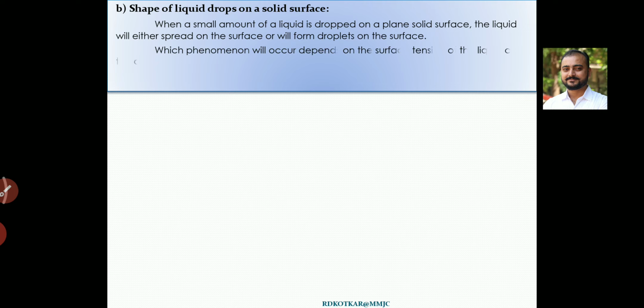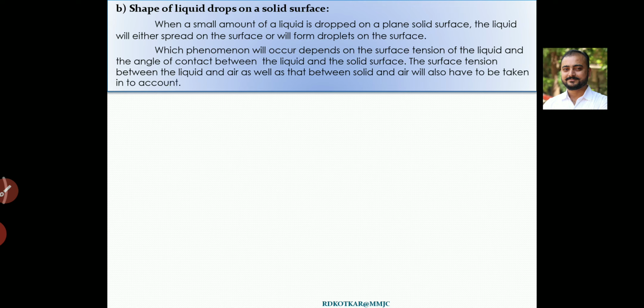Which phenomenon will occur depends on the surface tension of the liquid and the angle of contact between the liquid and the solid surface. Whether there is a formation of a spherical droplet, a concave meniscus, a convex meniscus, or a plane surface, whatever it may be, all these things depend on the surface tension of the liquid and the angle of contact between the liquid and the solid surface.